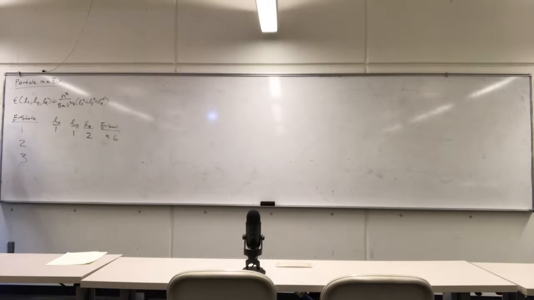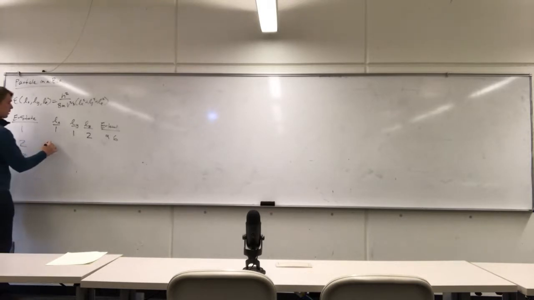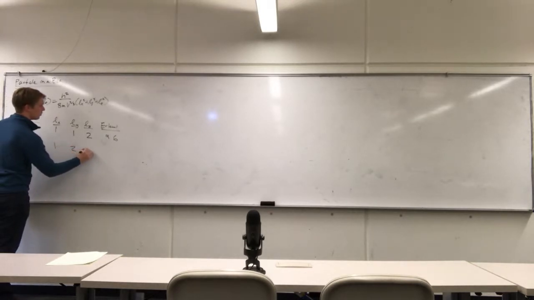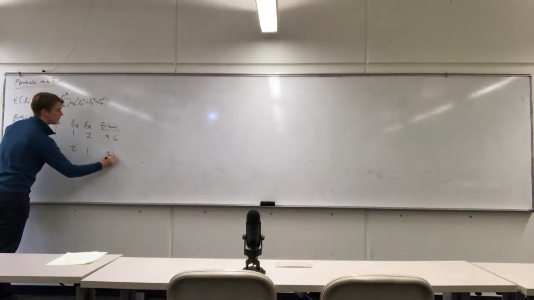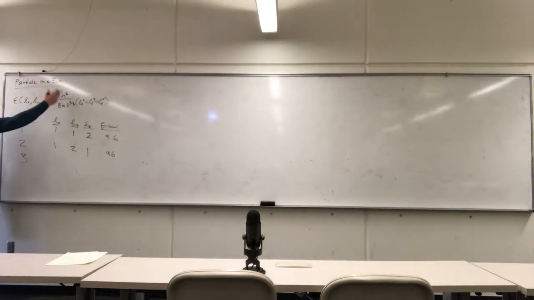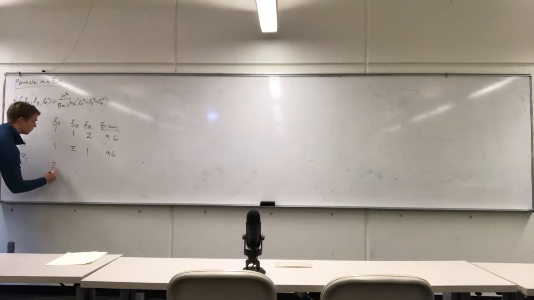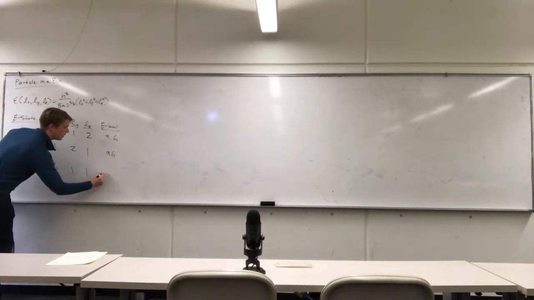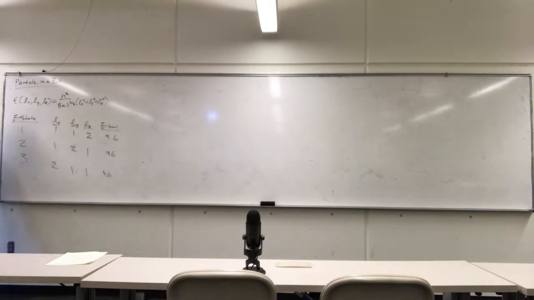Does that make sense? We can also have another energy state which is distinct, 1, 2, 1. It's going to have the same energy level. It's going to be proportional to 6. All these kind of messy coefficients right there. And we can have a third one, 2, 1, 1. That's going to be proportional again to 6.